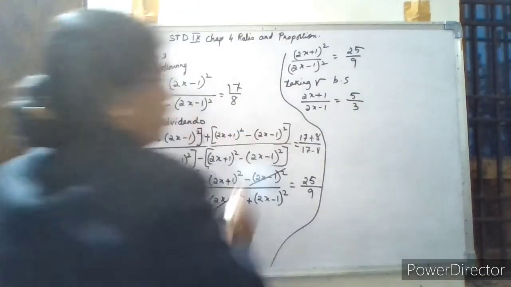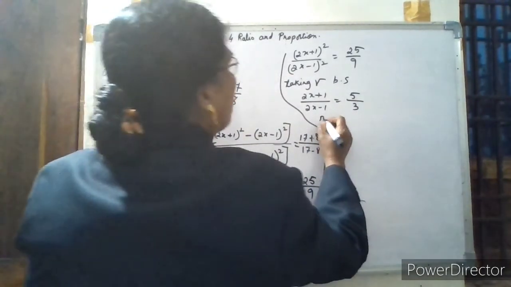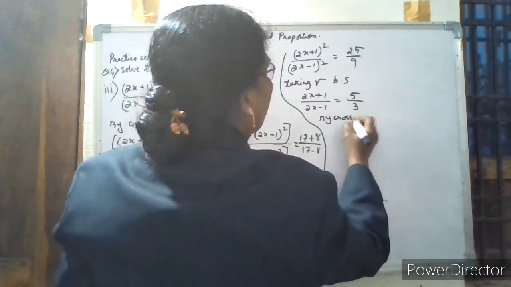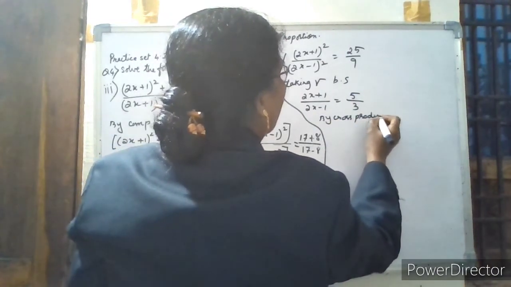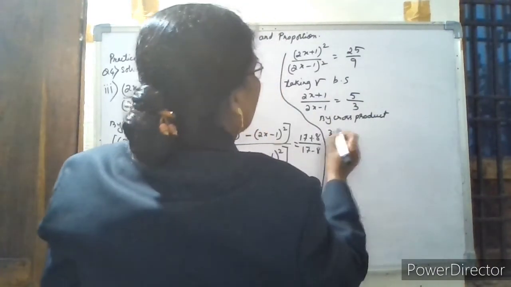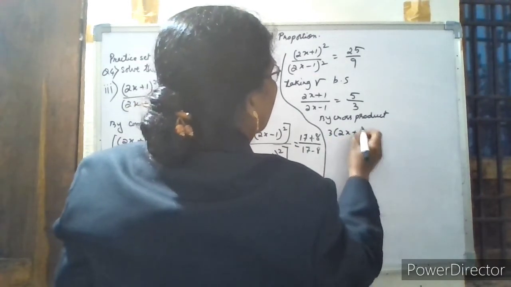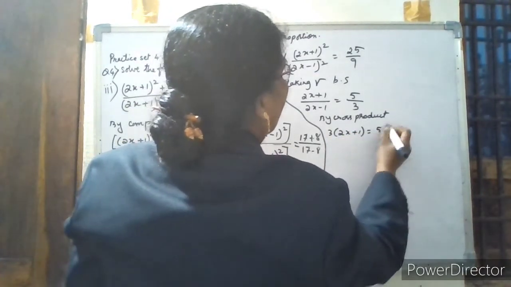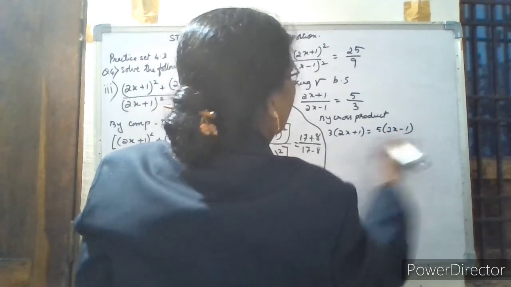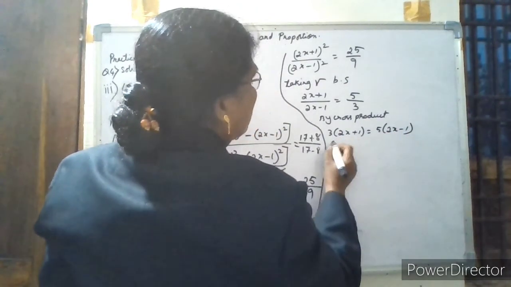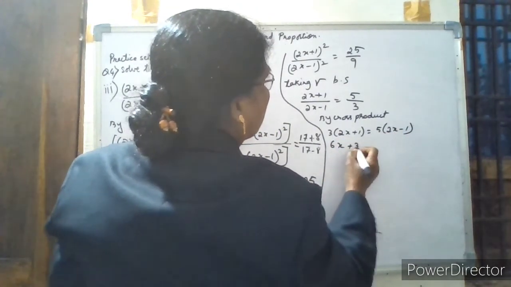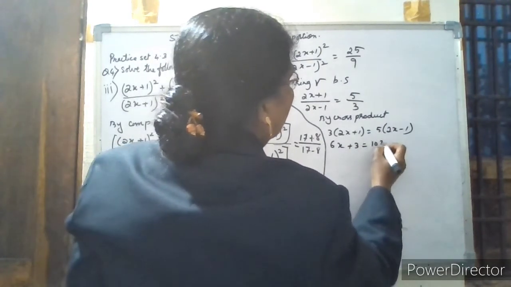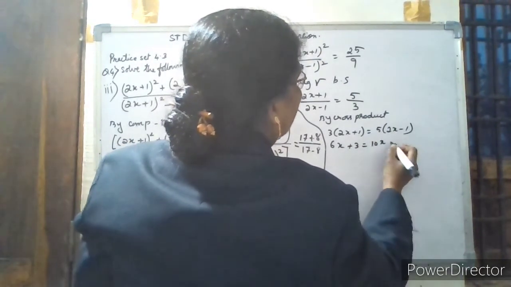Now do cross product. By cross product, 3 into 2x plus 1 is equal to 5 into 2x minus 1. This will be equal to 6x plus 3 equal to 10x minus 5.